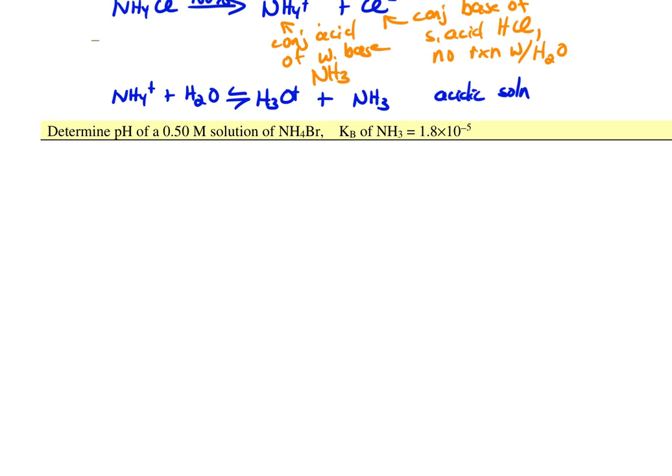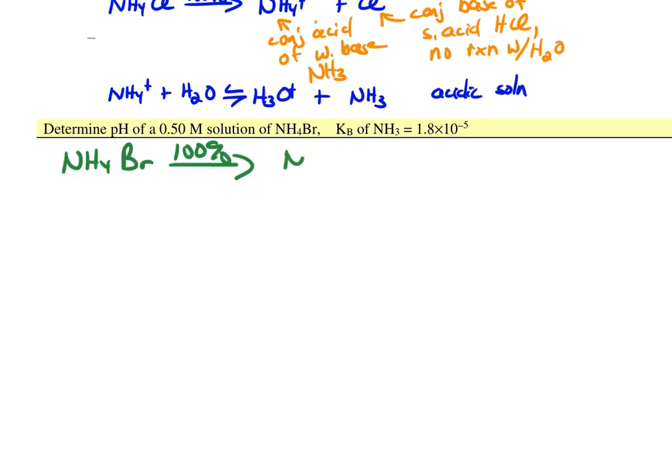We can now calculate the pH of an ammonium ion solution. So the ammonium bromide is going to give us the ammonium ion and also the bromide ion. The bromide ion, similar to chloride, will not react with water because it is a conjugate of a strong acid.